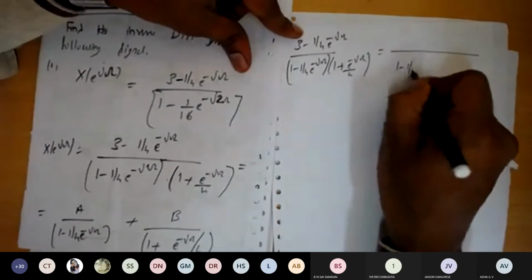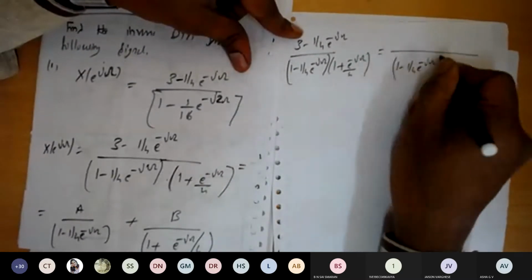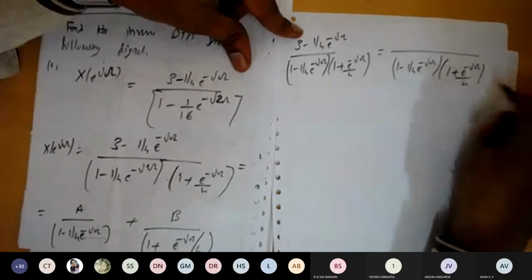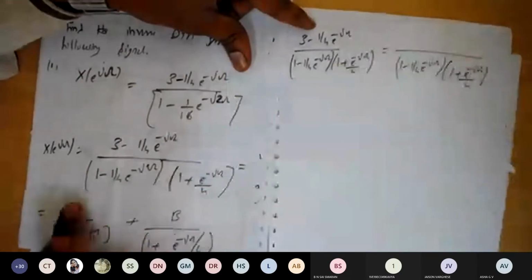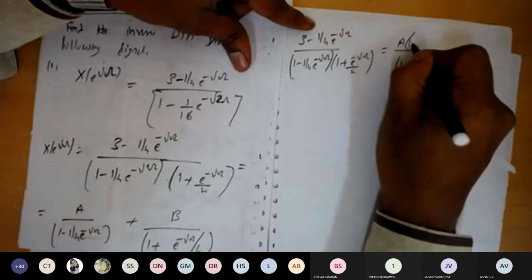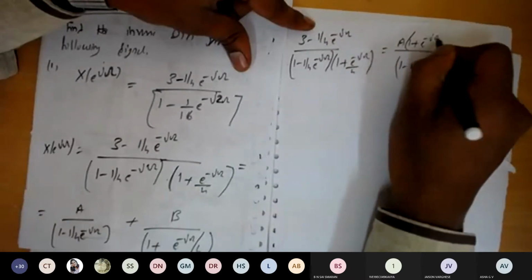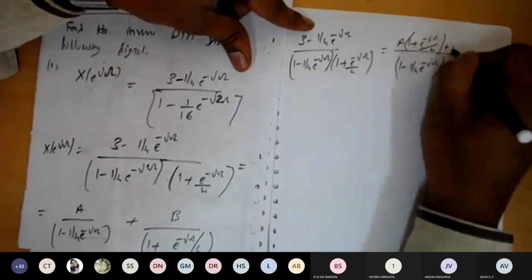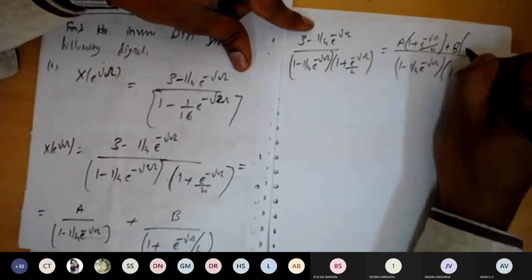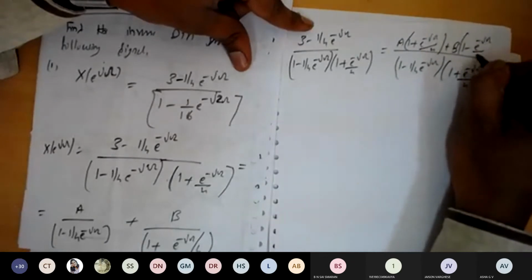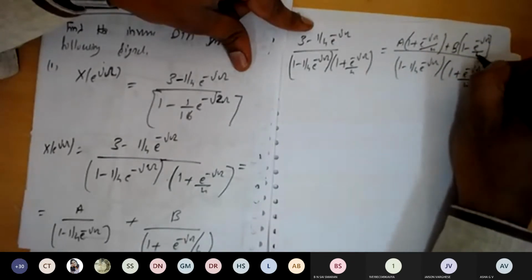So 1 minus 1 by 4 into e to the power of minus j omega into 1 plus e to the power of minus j omega divided by 4. If you cross multiply these terms, it becomes a into 1 plus e to the power of minus j omega, whole thing divided by 4, plus b into 1 minus e to the power of minus j omega divided by 4.